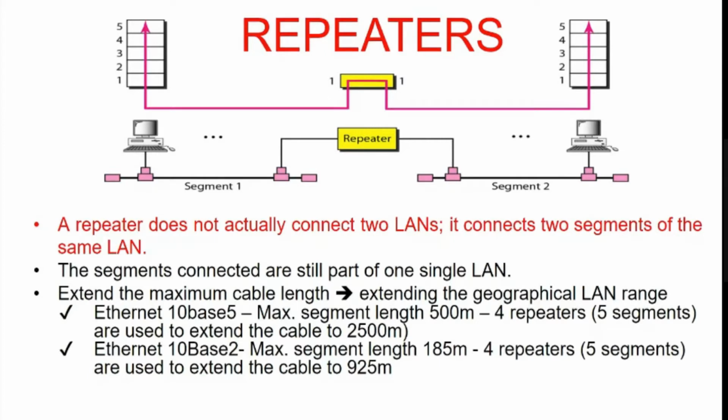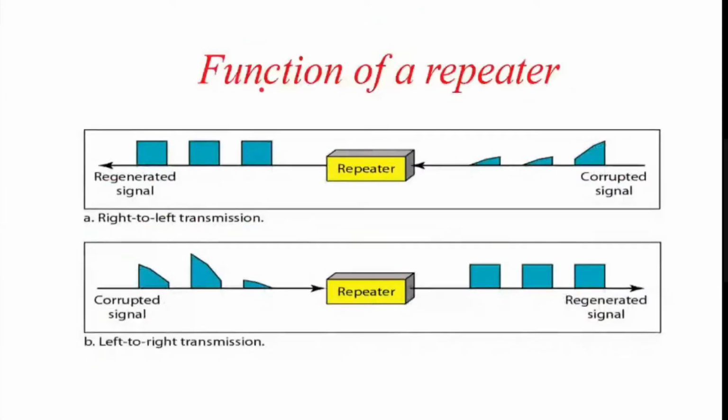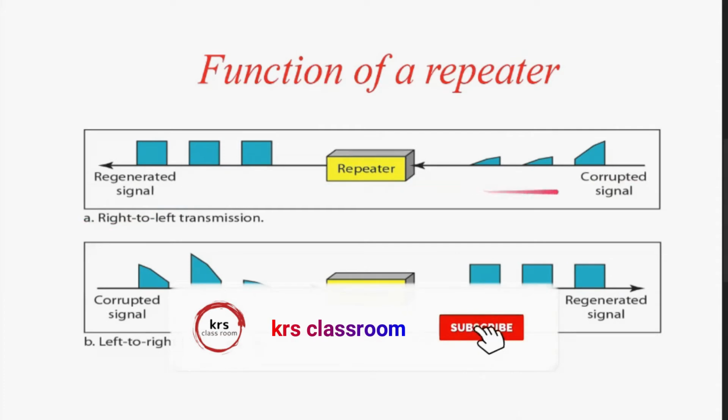Okay, next, this is the function of the repeater. I already told you the function of the repeater is to regenerate the data. See the first diagram here, the right to left transmission. The corrupted signal from the source is passed to the repeater.